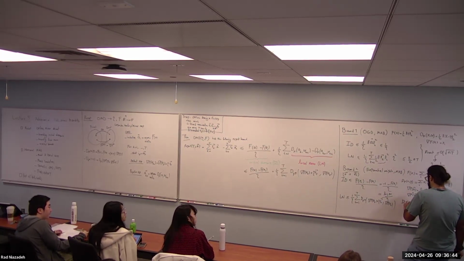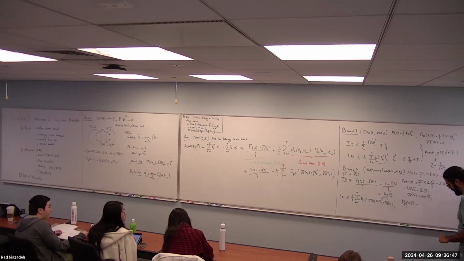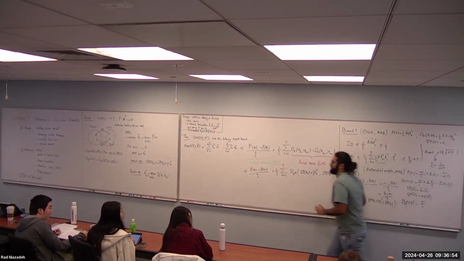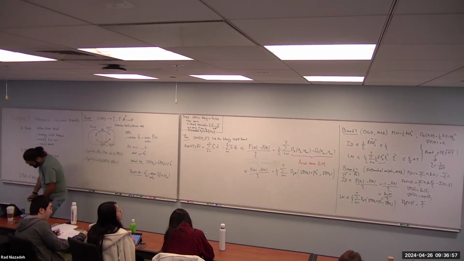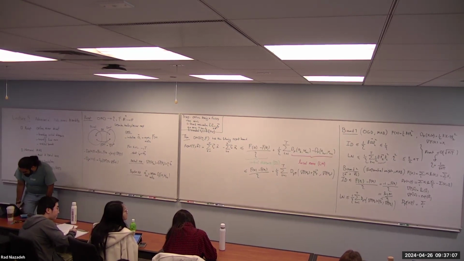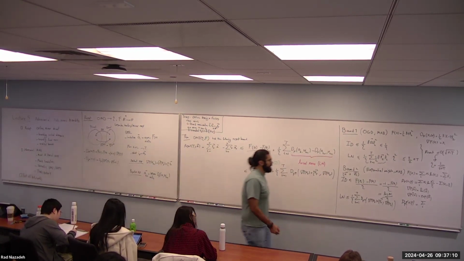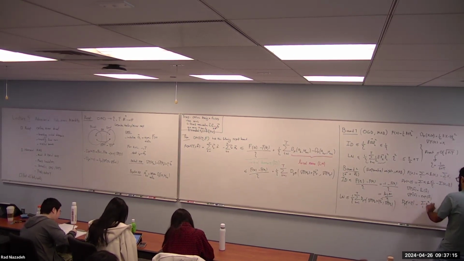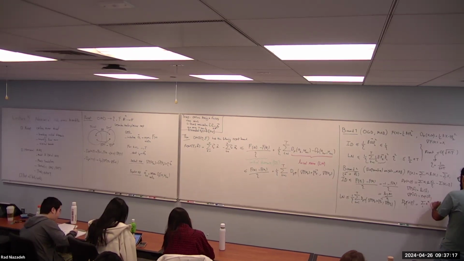Df star of some x and y we can show is equal to sum over i, e to the power yi times e to the power xi minus yi minus xi minus yi minus 1.